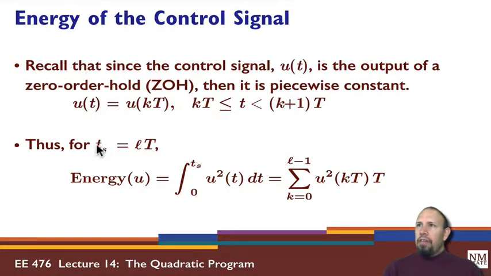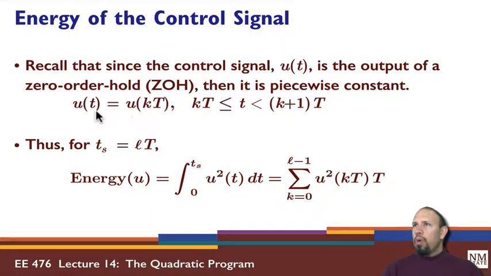And so if you let, for example, the final time that we're looking at, the settling time, be some integer times the sampling period, then the energy is the integral of u squared dt.